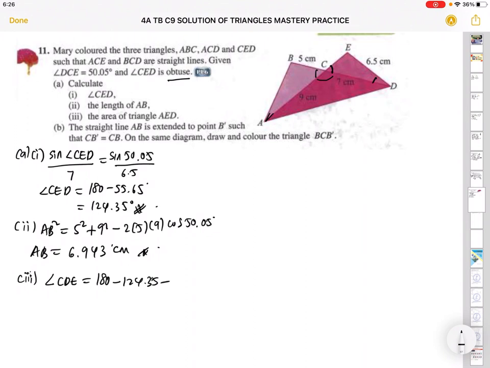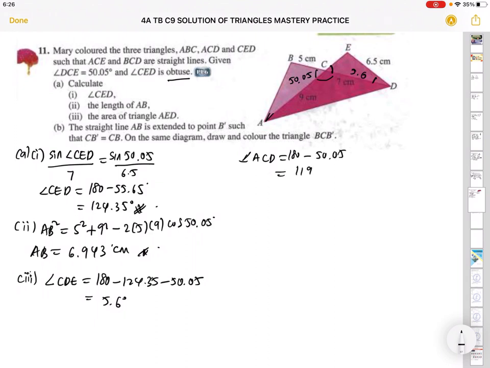This is a very small angle, 5.6. Okay, so this is 5.6, right? This angle is 50.05. Now the angle next to it, let me find this angle A. Let me write one more time. Angle ACD is 180 minus 50.05. This is 119.95. Okay, so let's take all three triangles and add up.